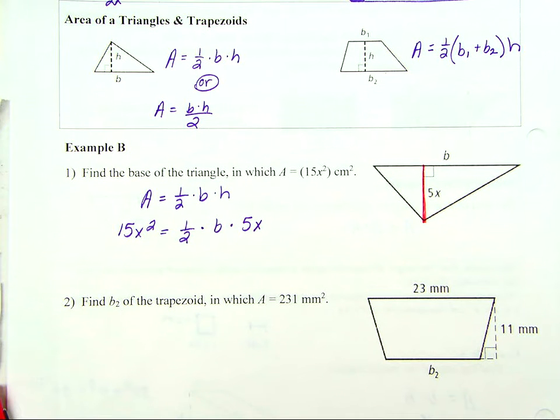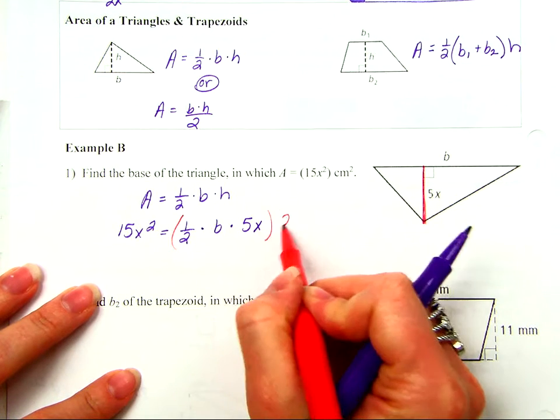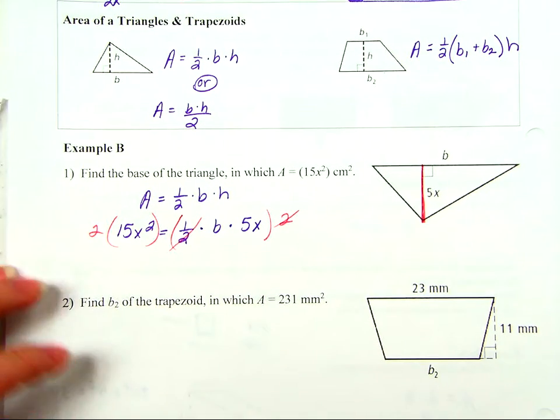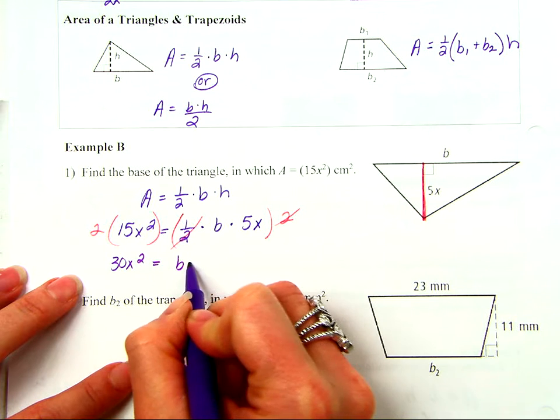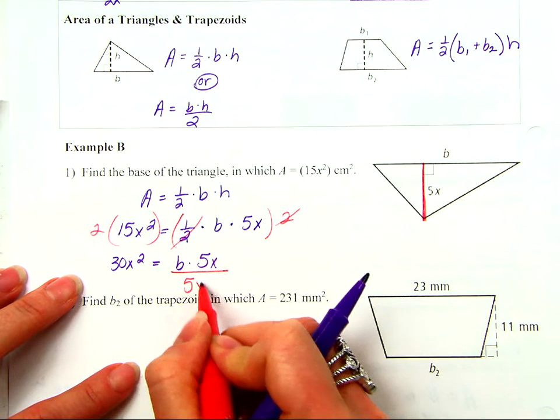Now there are different ways you could go about solving this for b. I'm going to go ahead and multiply by 2 so that I can get rid of my fraction. And then I know if I'm solving for b, I'm going to divide by 5x.